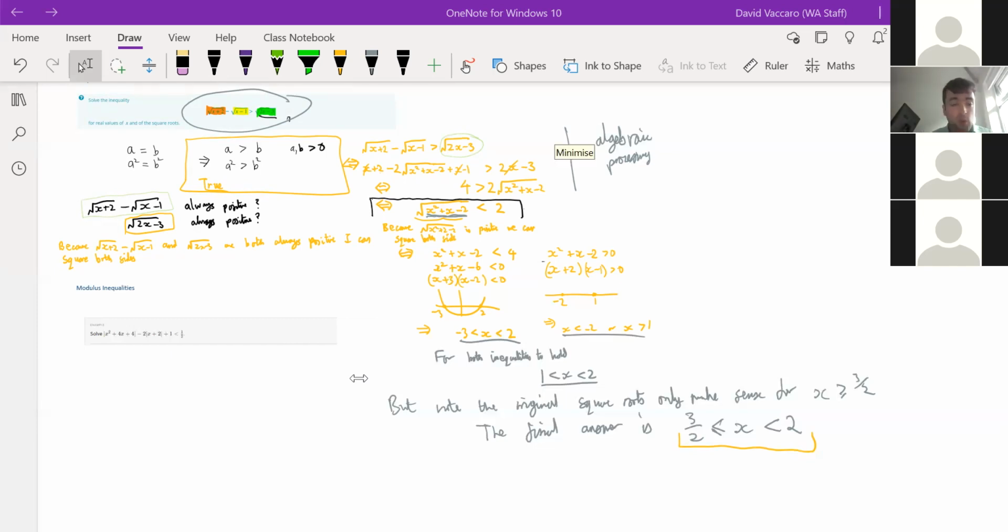Okay, any questions about that question involving roots? If people are happy for me to continue, put a big thumbs up and we'll move on to a modulus inequality. Good, lots of thumbs up.